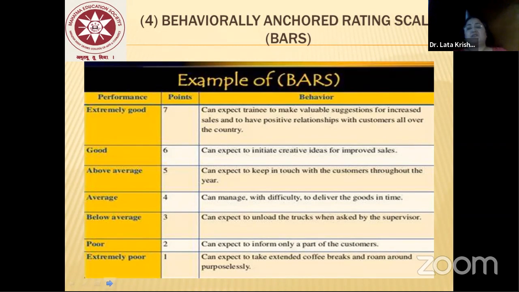So this is the level at which he is. If you are giving him 6, you can expect him to initiate creative ideas for improved sales. So it's very specific in explaining. It's not just saying that he's very good in his task. If he is good, why is he good? He is good because you can expect him to initiate creative ideas for improved sales.